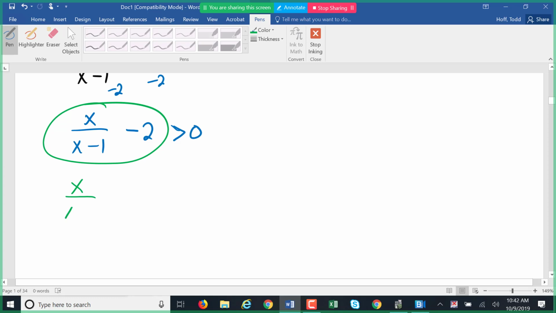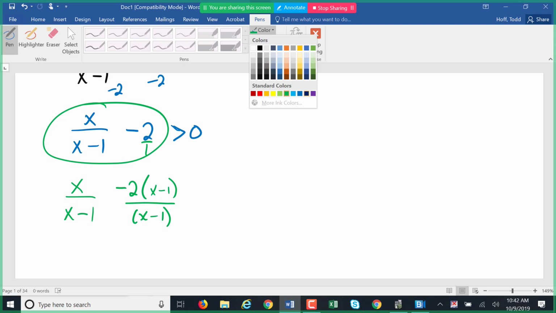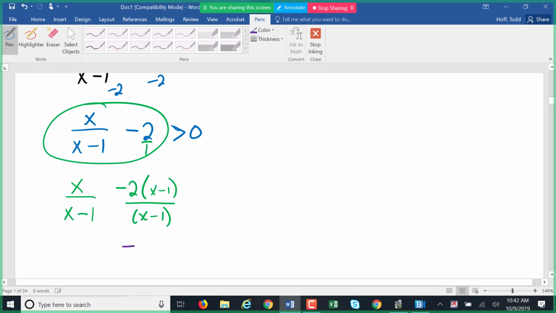So the x over x minus 1 is already a fraction. I'm going to make that negative 2 a fraction. Remember, it's a negative 2 over 1, but I'm going to multiply it on top and bottom by x minus 1. So what I get there is negative 2x plus 2 over x minus 1.